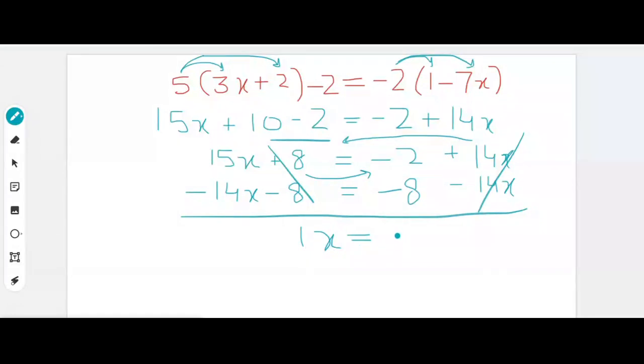And 1x equal to negative 8, negative 2 will be negative 10. And you can write here x equal to negative 10, or 1x equal to negative 10, or x equal to negative 10.